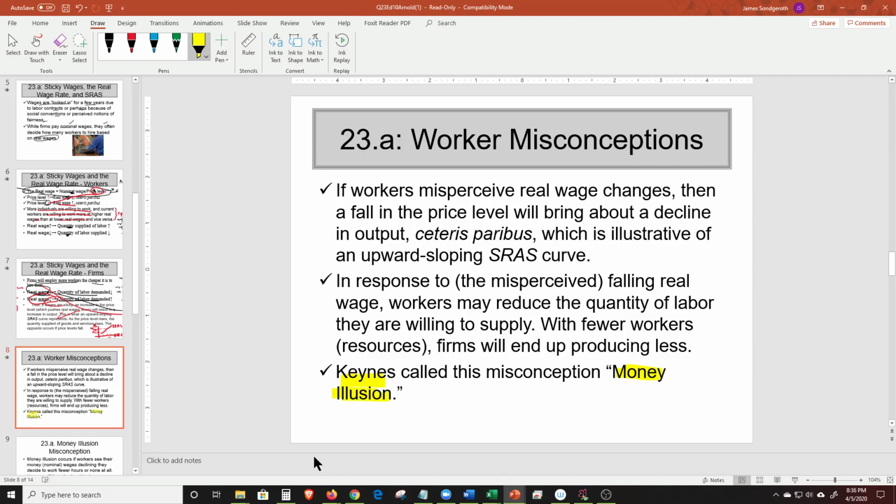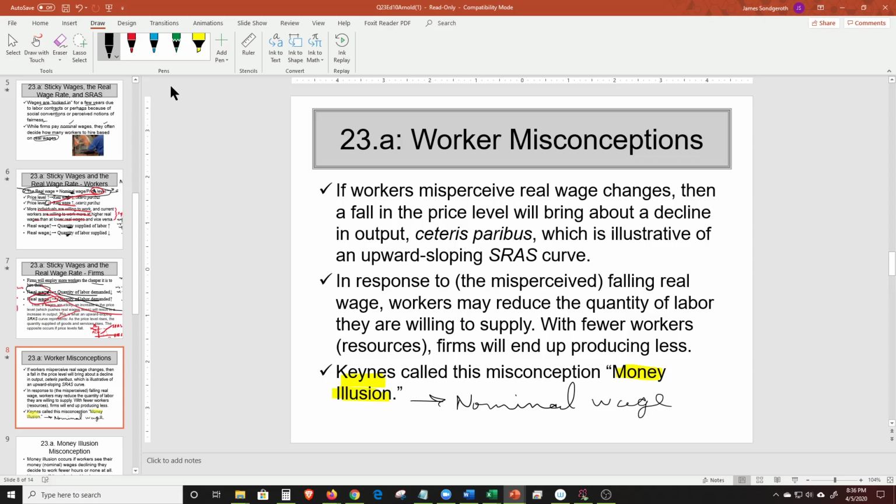In other words, what they look at is their nominal wage, the amount of, say, dollars or pounds in their paycheck. That's what they're concerned about. What it will buy, they're not really too conscious about that. And so workers have a misconception about real wages.